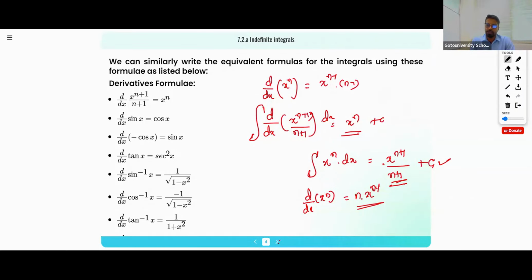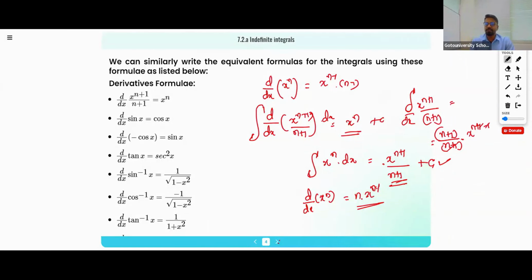To make sure this is the right form, if we differentiate the function we obtained here, d by dx of this, we should be able to get x power n. Are we getting? Let's see. n by n plus 1 is a constant, so we can keep it as it is. n plus 1 into x power n plus 1 minus 1.